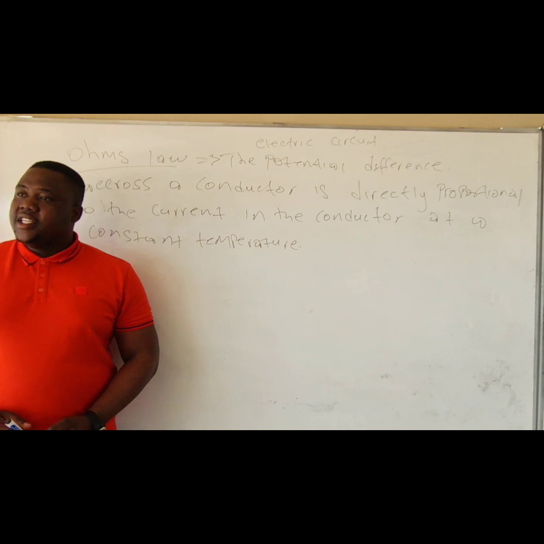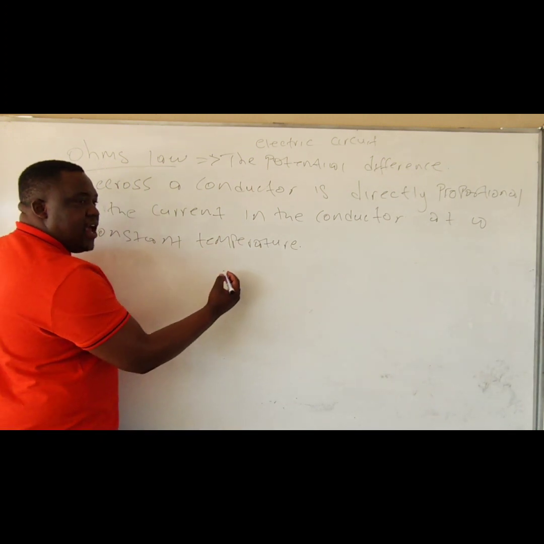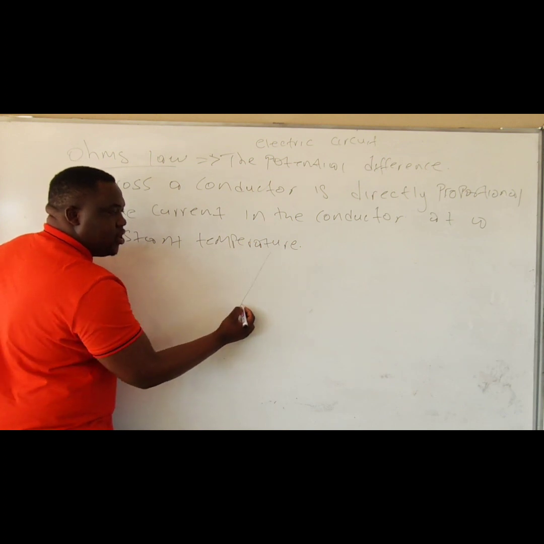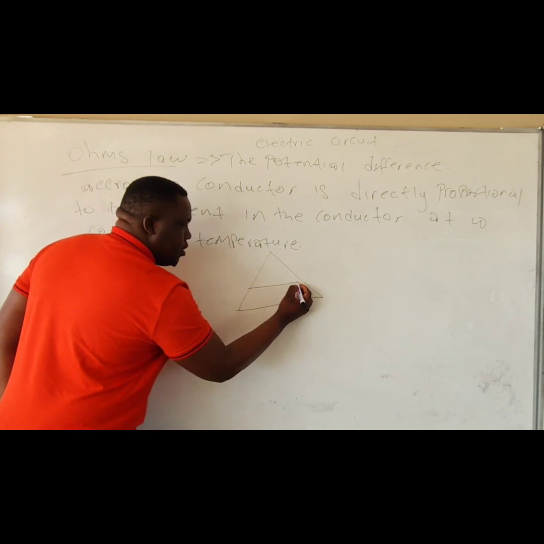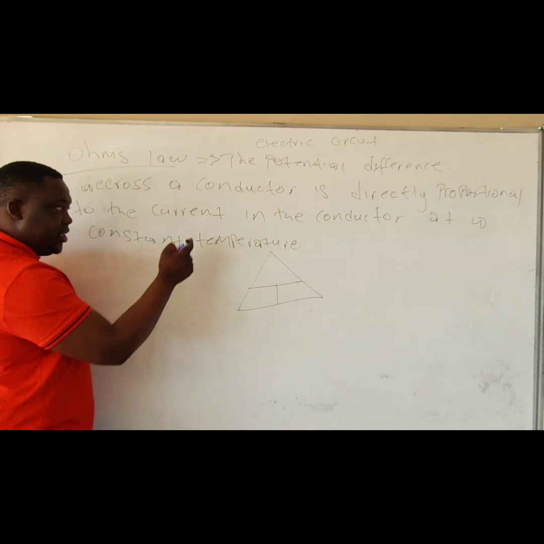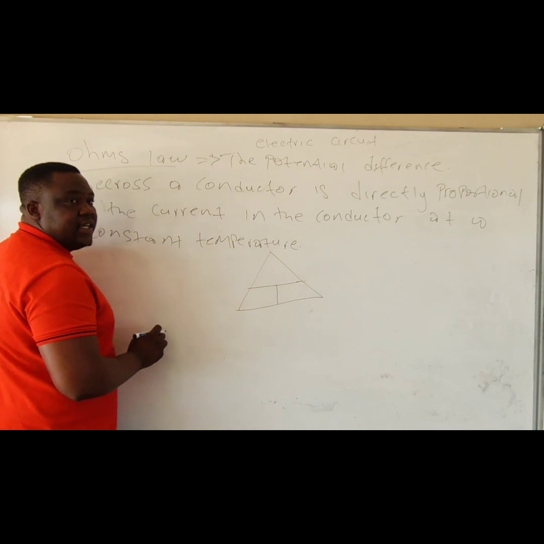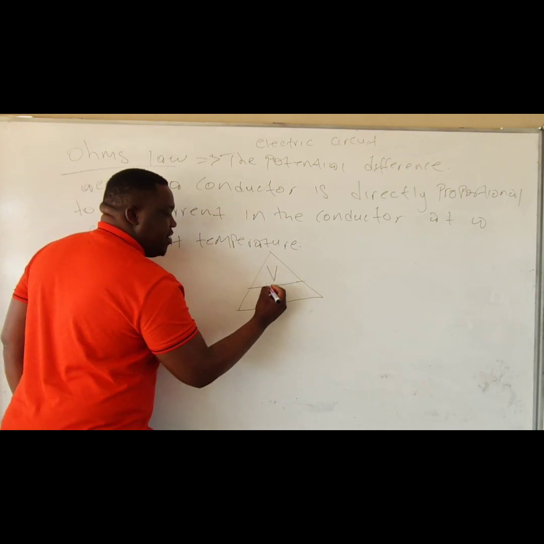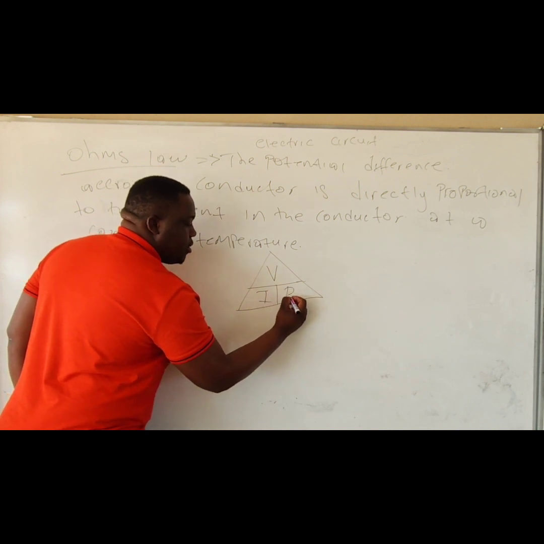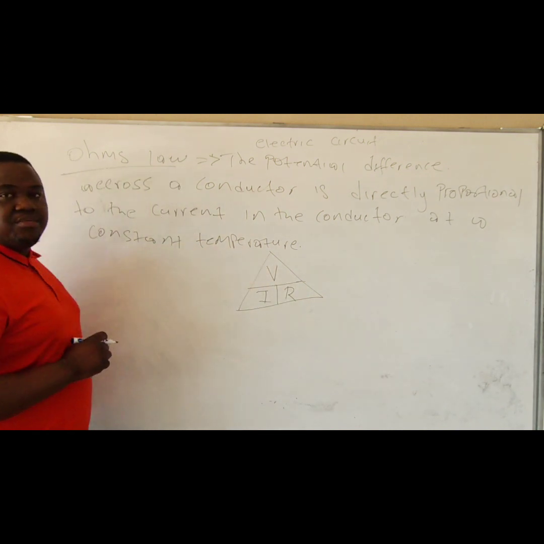So, this guy called Ohm, he came with this law. Actually, he came with the things that were explained. He came with this law. If we state it mathematically, I can sum it in this triangle, which is given by V, I, R. You will notice that these are the things that we've been explaining.